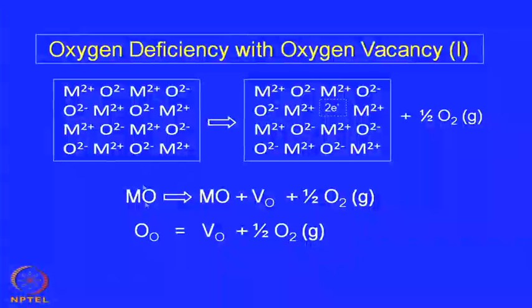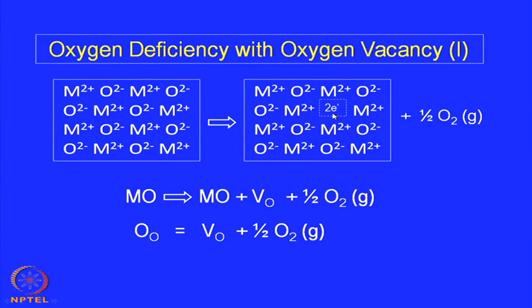So, here is one kind of situation where oxygen deficiency is being created by oxygen vacancy. This is a perfect lattice, and then an oxygen vacancy has been created here, and two electrons have been left there.